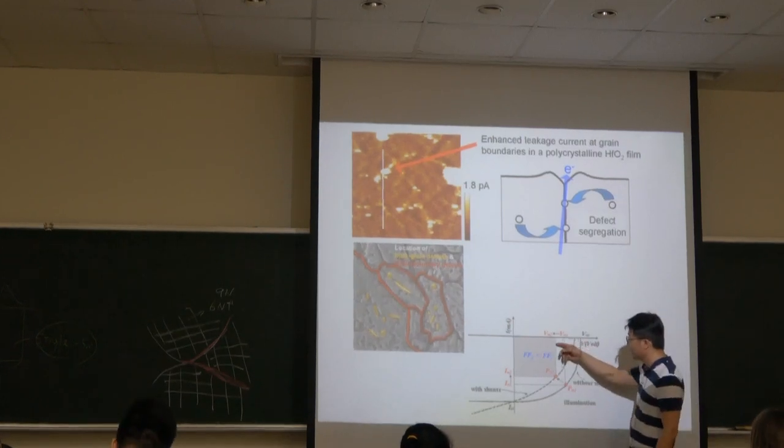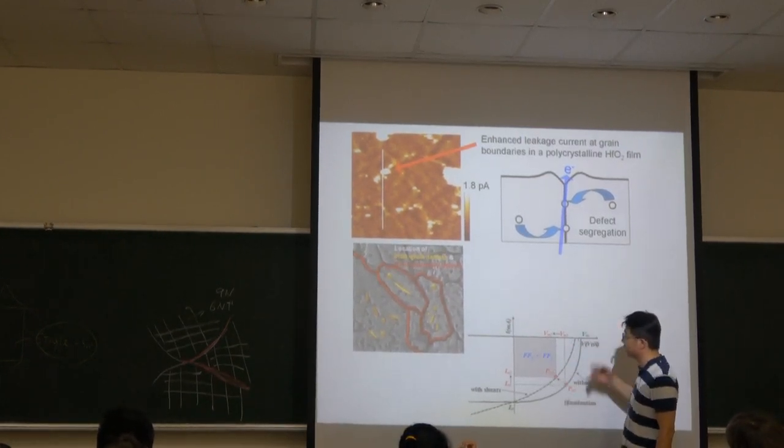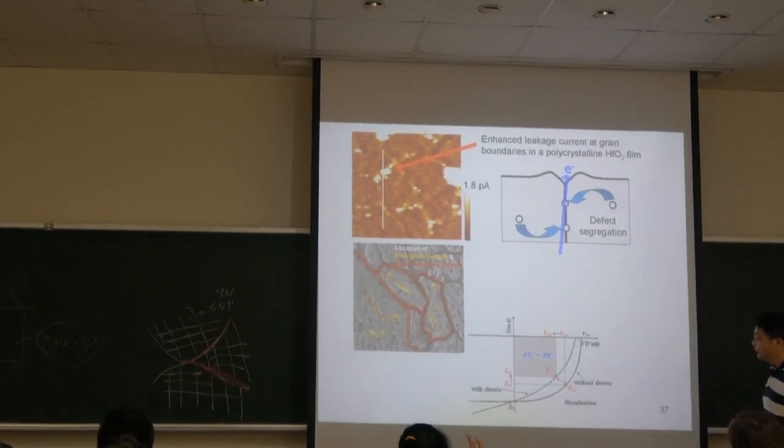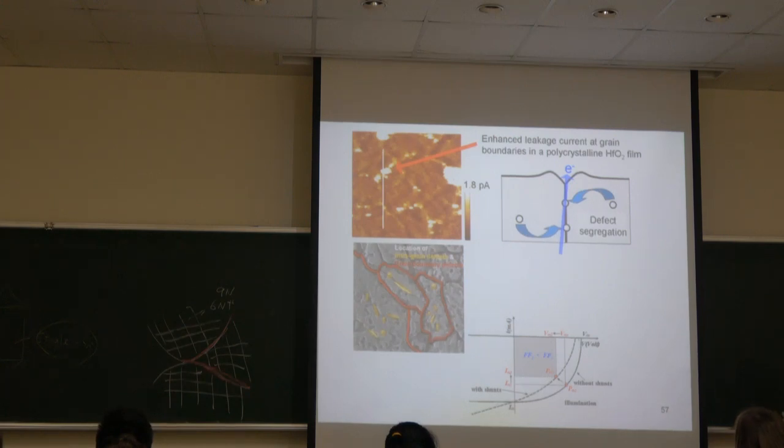Of course, this area is bigger, so the fill factor is high. The fill factor involves a lot of issues, including the defect. If you have a large number of defects, you have a lower fill factor because the recombination rate increases.